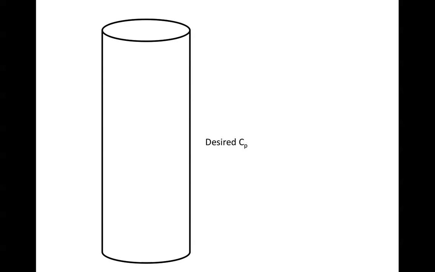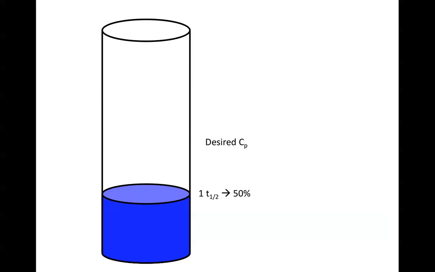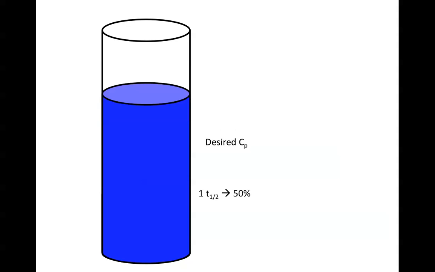So hypothetically, if you have a desired plasma concentration and you give a loading dose, that'll get you 100% of the way to the desired plasma concentration. Now, if you were to wait one half-life, the amount of drug left in the body would be 50% after one half-life. If you were to give another loading dose, you would get 100% in addition to that 50%, and you'd be up to 150.